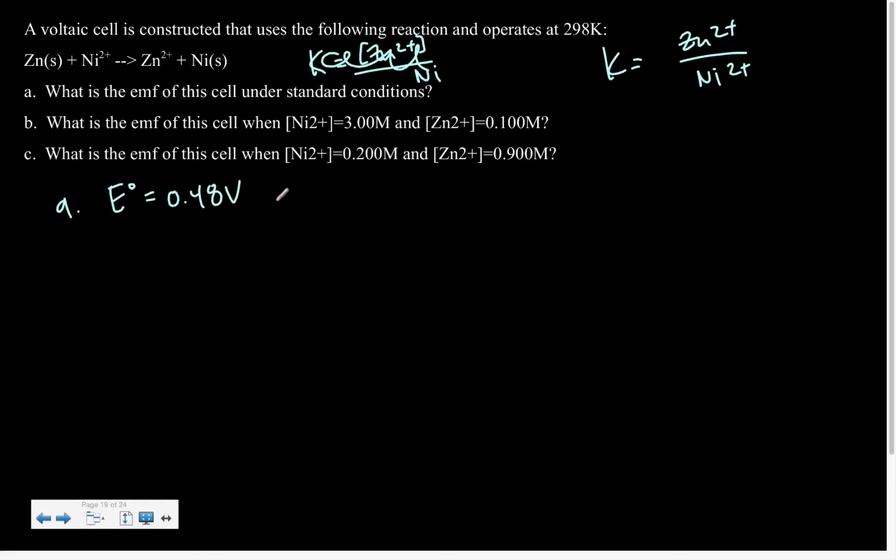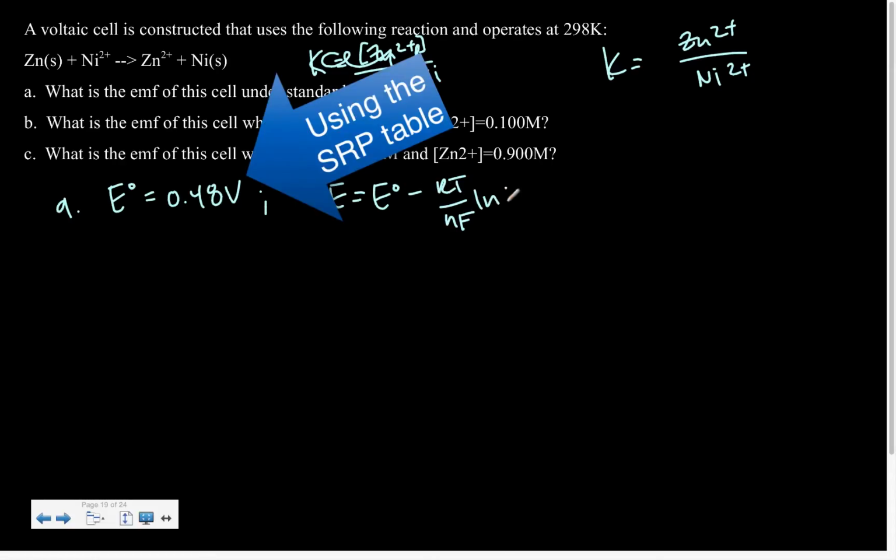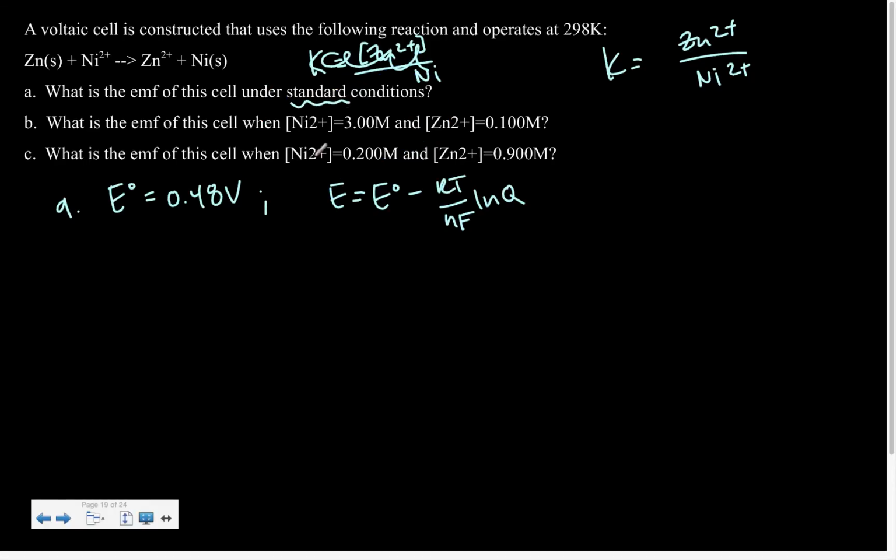Now, something to bear in mind, if we wanted to use the Nernst equation, let's say we were confused and weren't sure whether we should use Nernst or just calculate it normally, well, E is equal to E naught minus RT over nF ln Q. So, Q at standard conditions, what does standard mean?